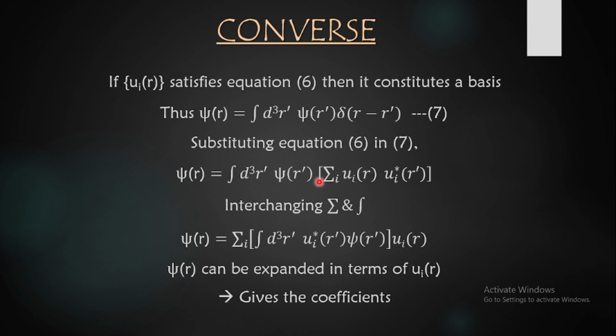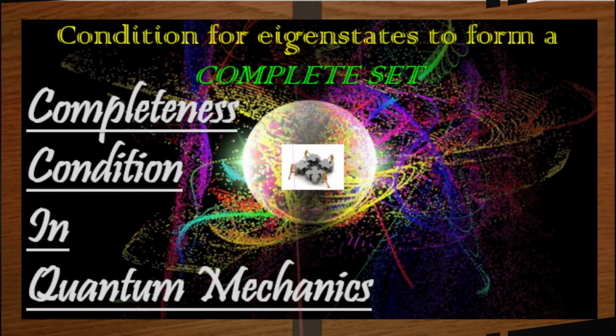And regarding closure and completeness, we say the closure relation is a mathematical statement that the basis has to exist and is complete. And these states are said to be complete simply because they cover all the possibilities. And this is how we can link the closure relation and the completeness condition. The completeness condition, we have already derived, which you can get on the channel.